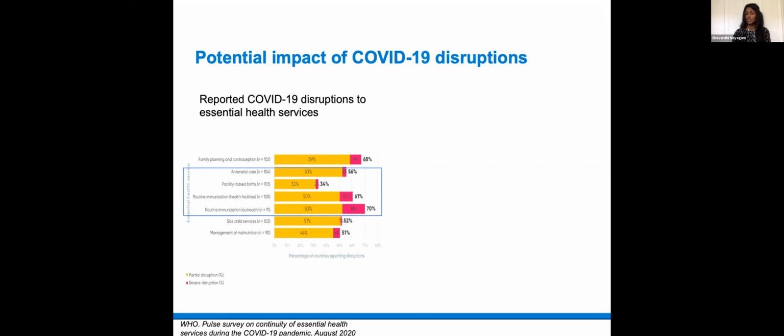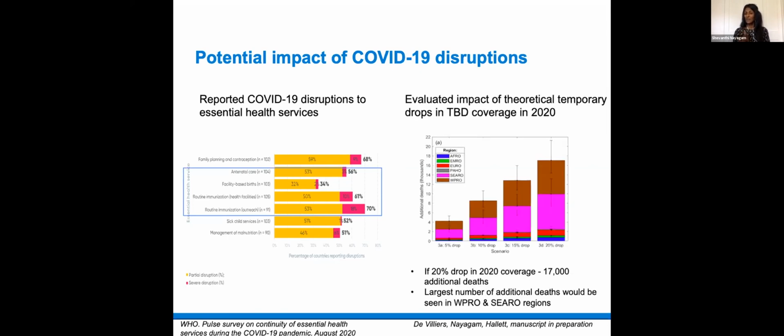But what we did do was try and evaluate the impact of theoretical drops in timely birth dose coverage in 2020. So say, what would happen with this temporary disruption? And because we don't have primary data or the time to parameterize these drops in timely birth dose coverage, we explored a few scenarios, which is the benefit of a model. We can just explore to see what could happen. On the x-axis, we've got a 5% drop, 10%, 15 and 20% drop.